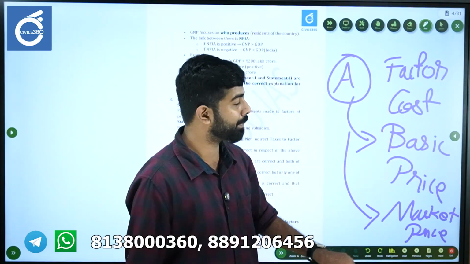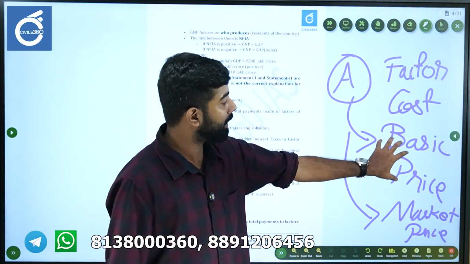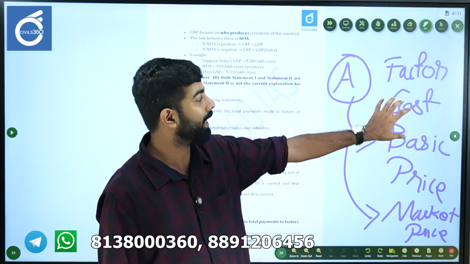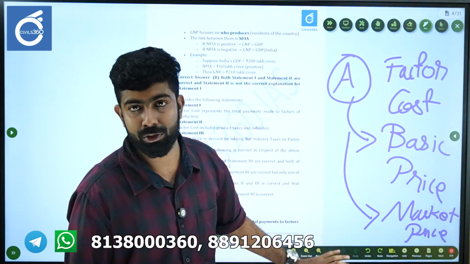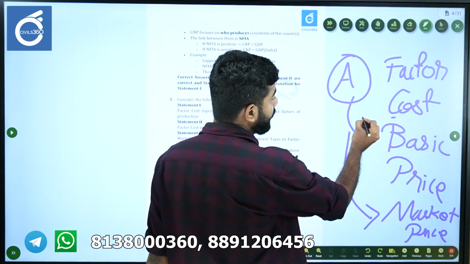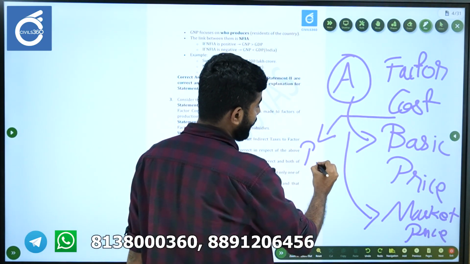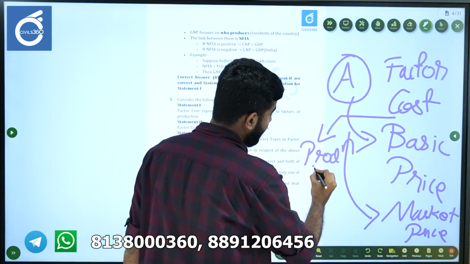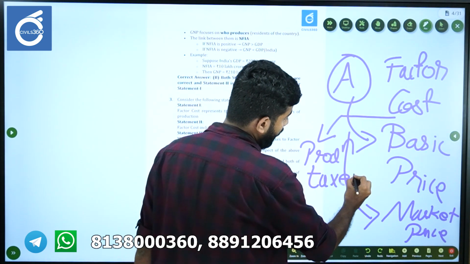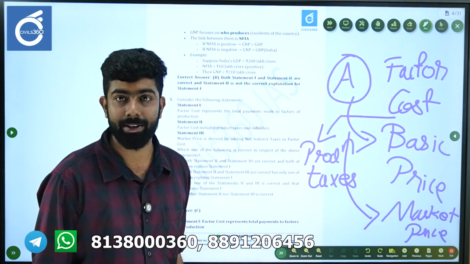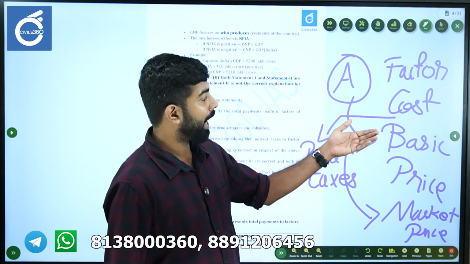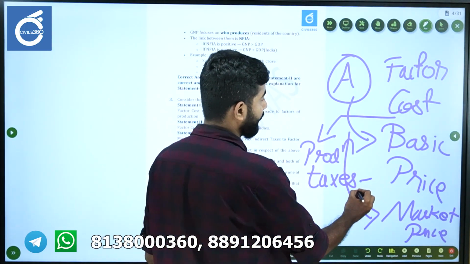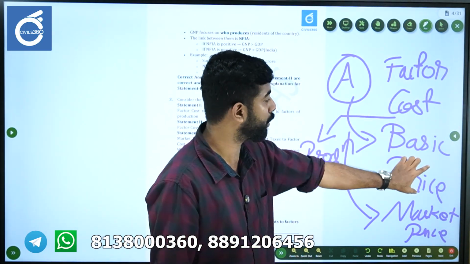Whenever the factor cost becomes the basic price, something is getting added, which is what we call production taxes. And if the government is subsidizing production in some manner, that will be subtracted, because that is the net amount getting added to the basic price.